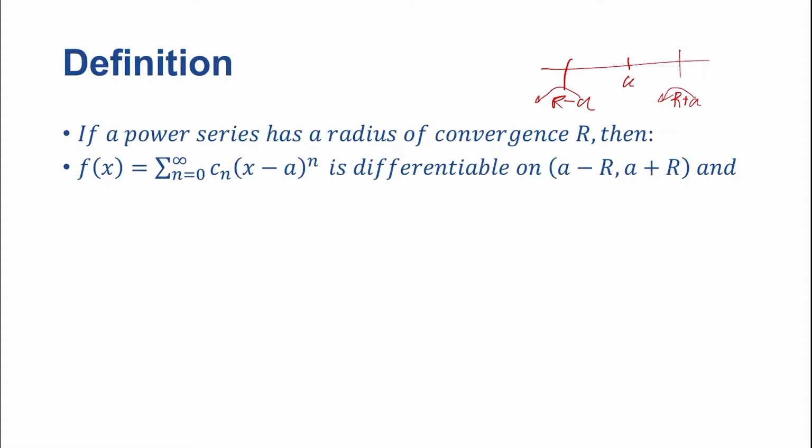Then we can say f of x can be defined by some power series, and it is differentiable on its radius of convergence. Because as you might recognize, this generates a polynomial.